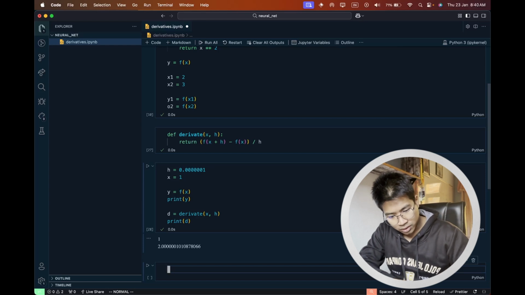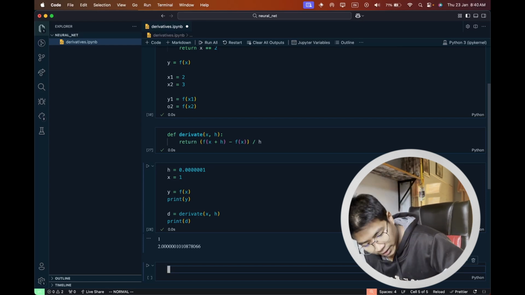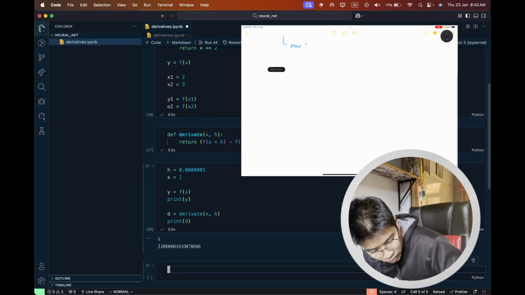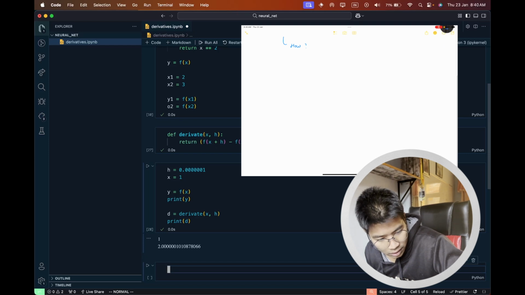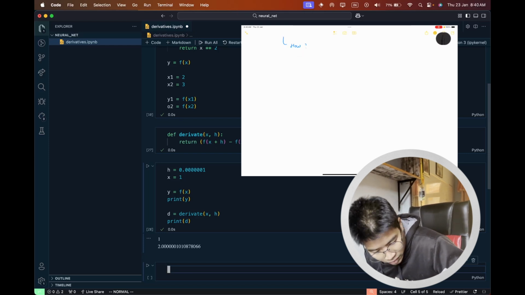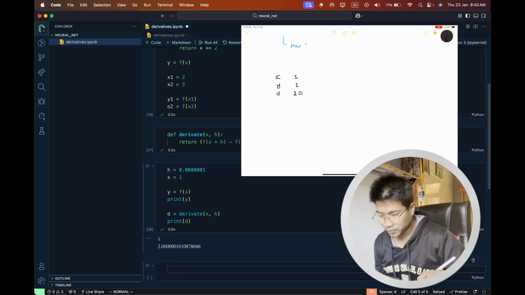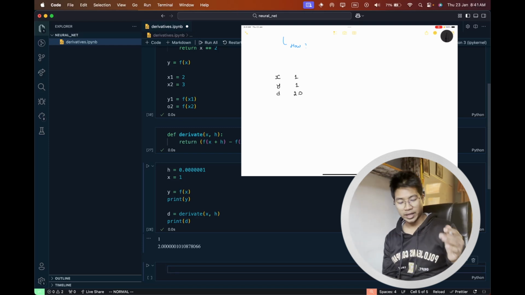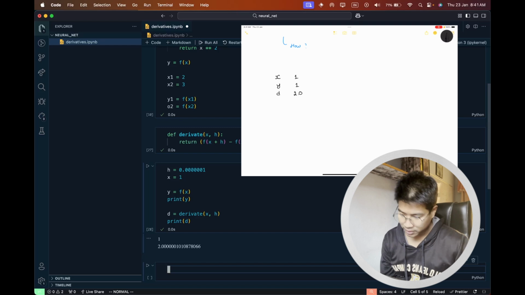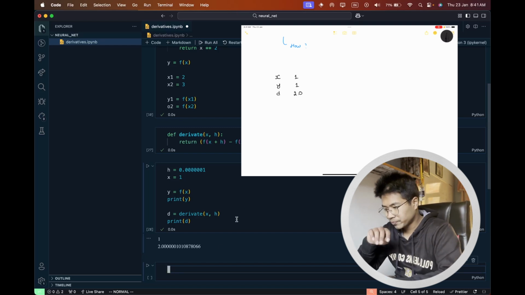Okay, so let me look at that over here. Let me change the color. So you have your x value, your y value, and your derivative. If my x is 1, then my y is 1, and my derivative is 2.0. Okay, let's just truncate all of the part beyond these numbers that we have.